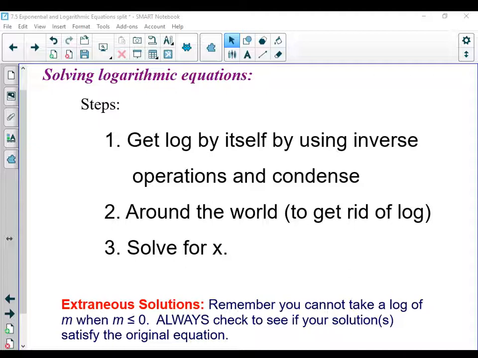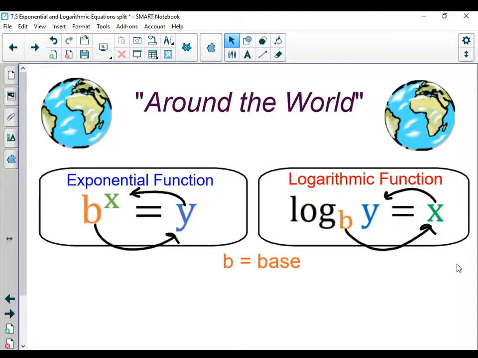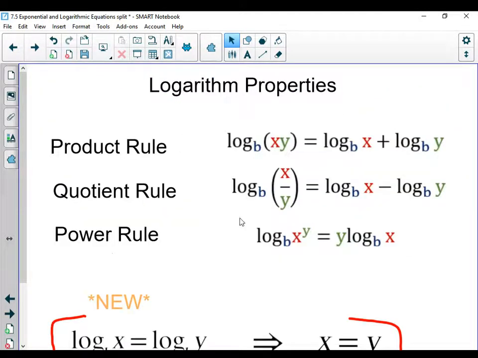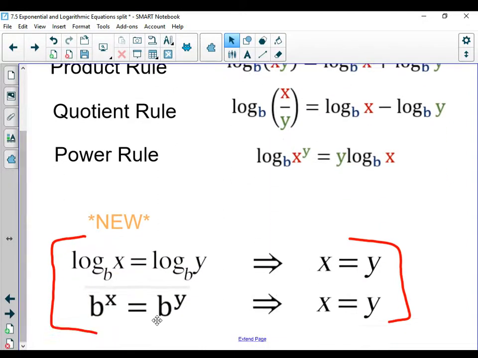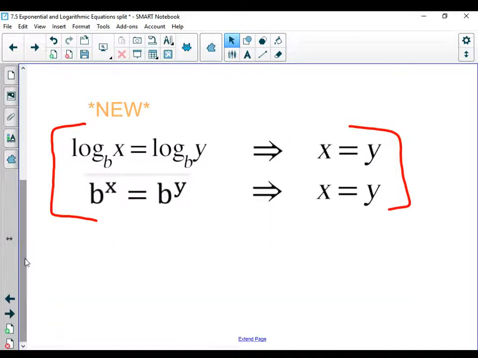All right, let's look at some examples. Like I said, we already looked at these properties yesterday. We've done the around the world. But what is new are these down here. We did the bottom one yesterday, but the top one: if you have log with the same base equal to log with the same base, what you're taking the log of, you just set those equal to each other.